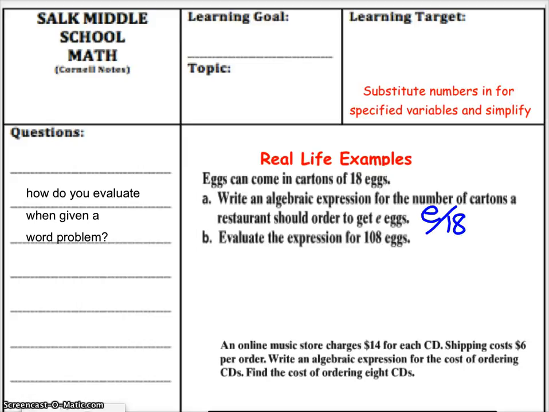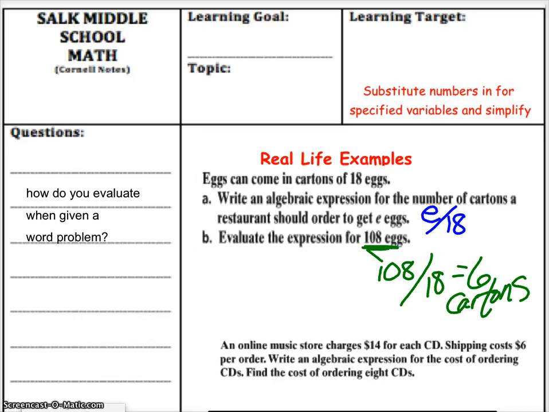Now let's say the restaurant wants to order 108 eggs. So this will be A, B is evaluating. So I would go, well, restaurant, you go 108, divide it by 18 in 1 carton. And I'm using my calculator, 108 divided by 18 is 6 cartons.